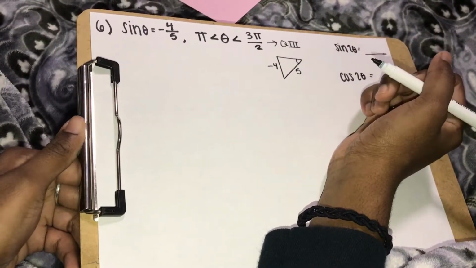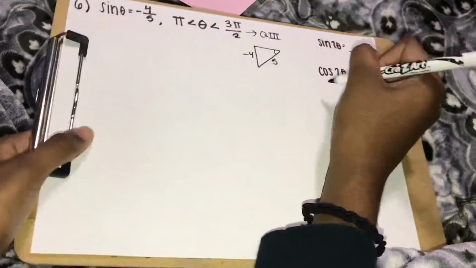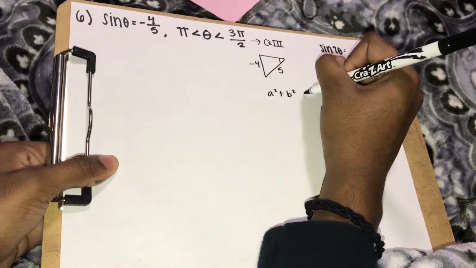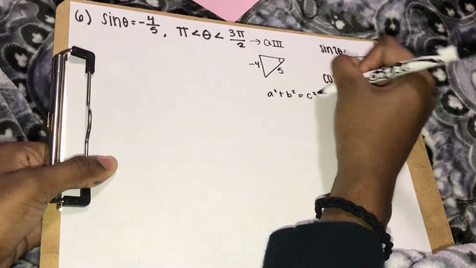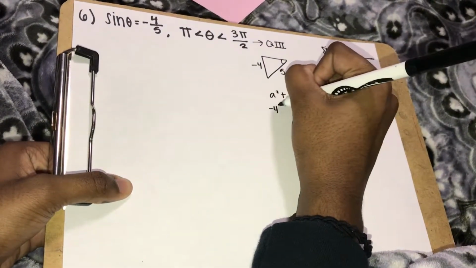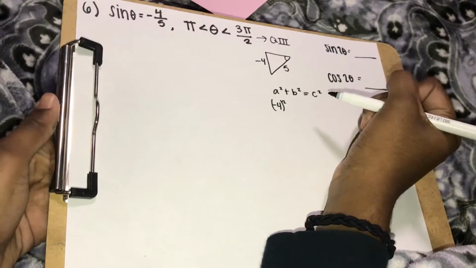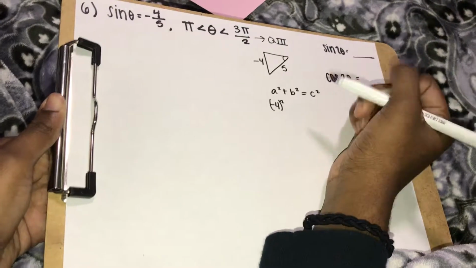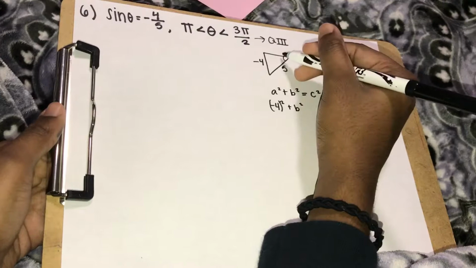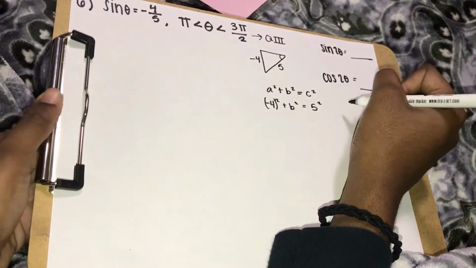Since it's a right triangle, you can use the Pythagorean theorem, and the formula for that is a squared plus b squared equals c squared. If you fill in your numbers, you'll have (-4) squared. Make sure you use parentheses to remind yourself that you need to input the negative. Plus b squared, because you don't know that side, equals 5 squared, which is your hypotenuse.